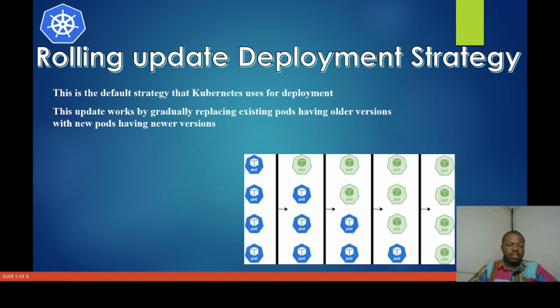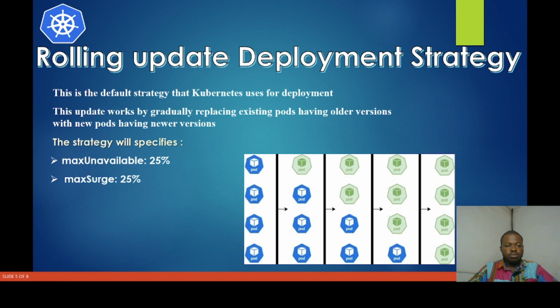In the manifest file, the strategy will specify rolling updates, maximum unavailability, which you call max unavailable. We can set it at 25% depending on the number you want to set, and you have the maximum surge, which is also max surge.